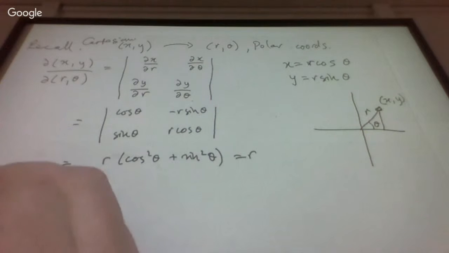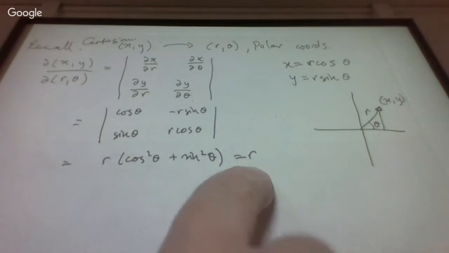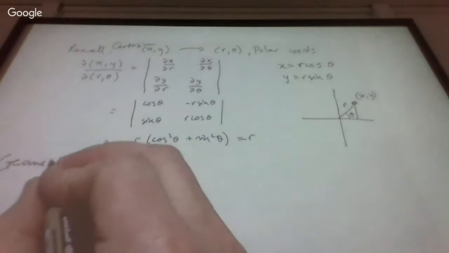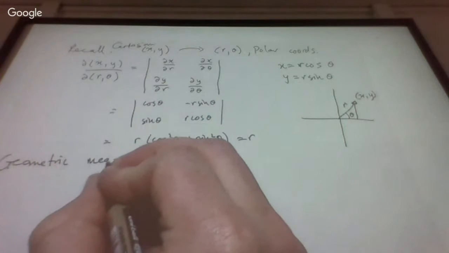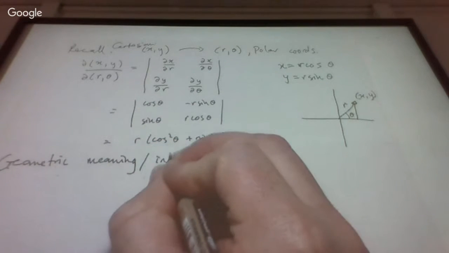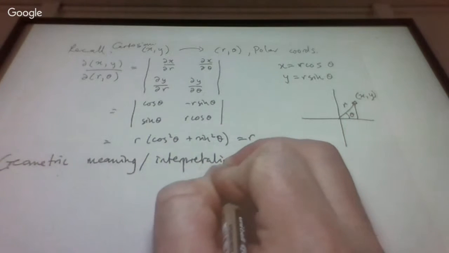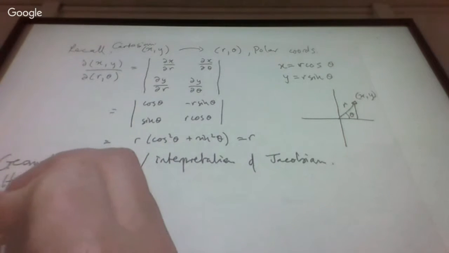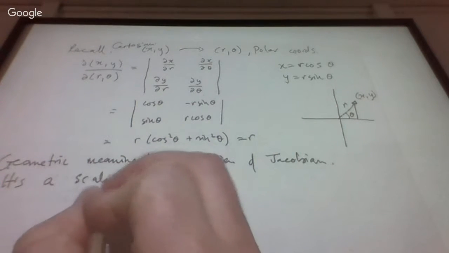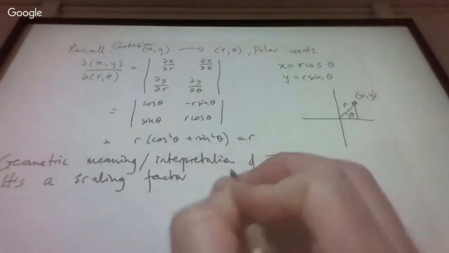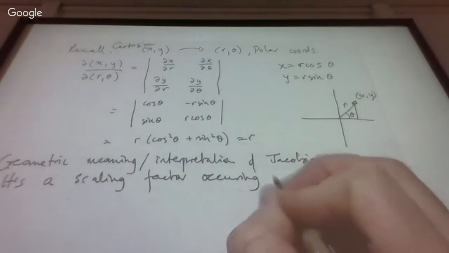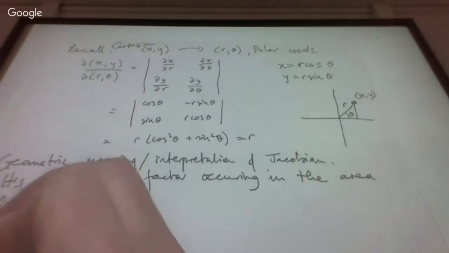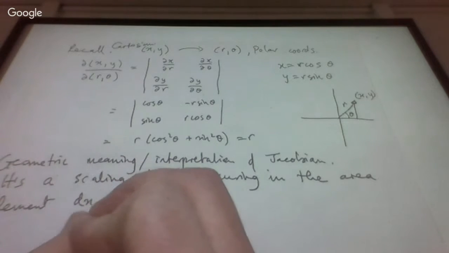Now, what this Jacobian determinant means, so this is what fed into the translation of the integral in the previous example. The geometric meaning or interpretation of the Jacobian is that it's a scaling factor occurring in the area element dx dy.